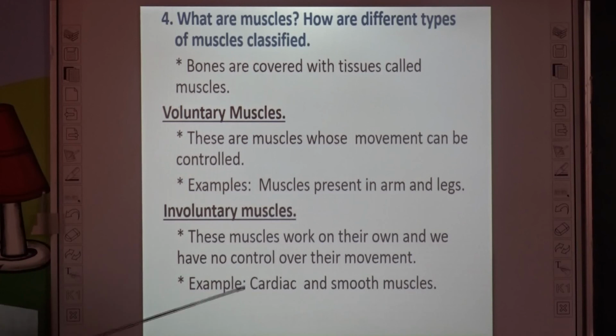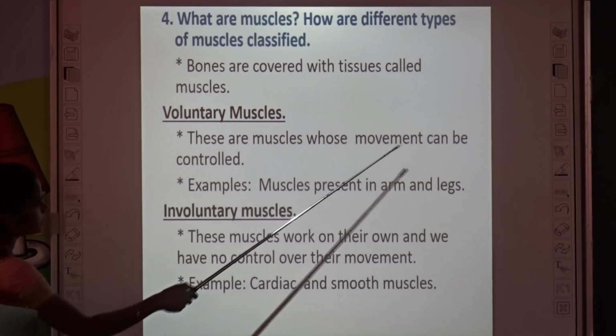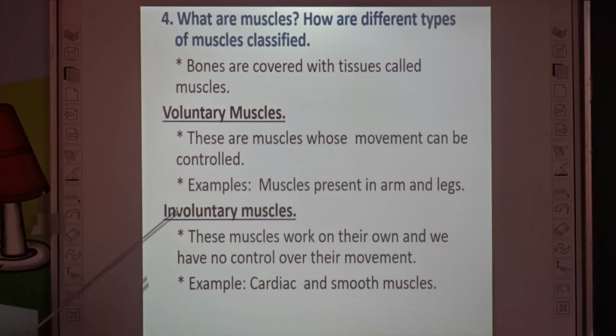There are two types of muscles: voluntary muscles and involuntary muscles. First, what are voluntary muscles and what are examples of voluntary muscles? These are muscles whose movement can be controlled. We can control the movement. These are called voluntary muscles. For example, muscles present in the arm and leg.